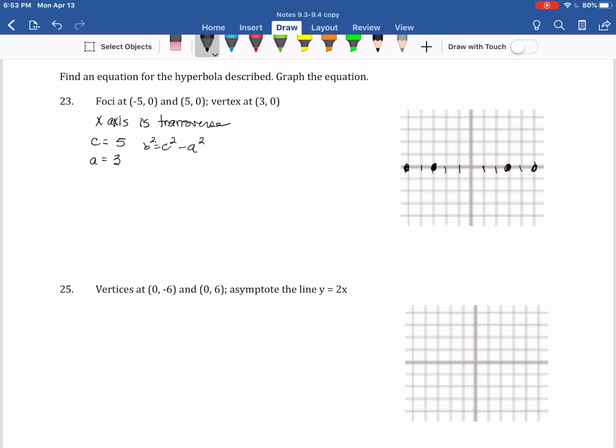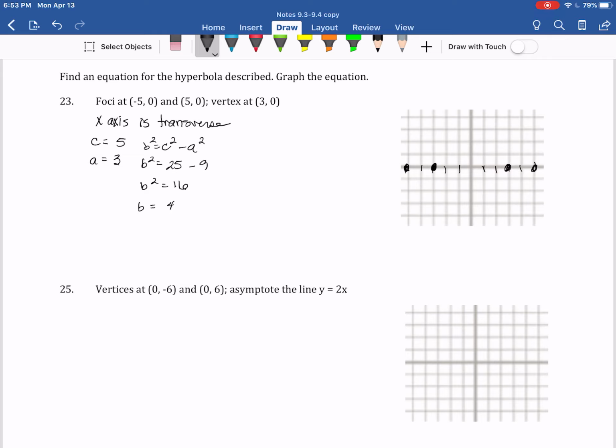All right, I need to know b because that's going to be in my formula for the hyperbola. It's also going to be useful to find what the slope is for my asymptote lines. So b squared is 16, which means b is equal to 4, all right?